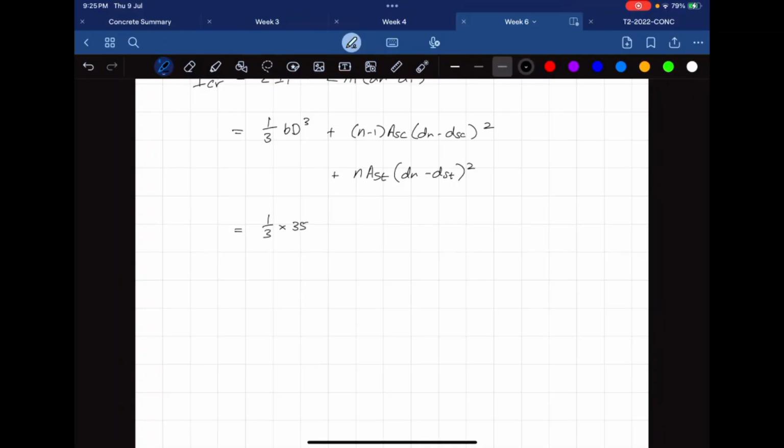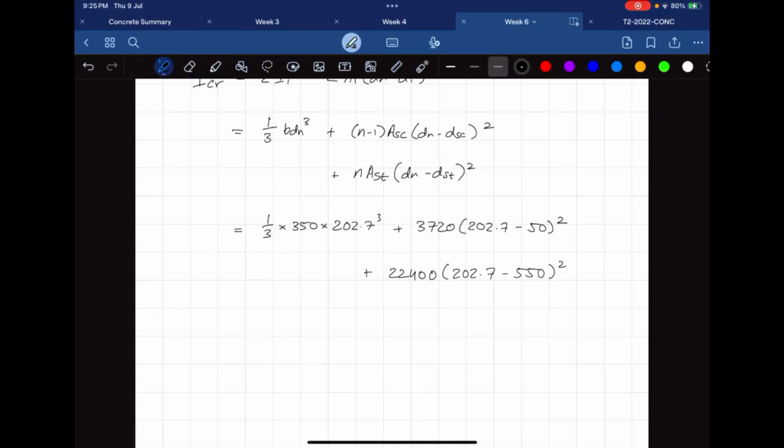Times 350 times dn, sorry, 202.7 cubed plus 3720 times 202.7 minus 50 all squared plus 2240 times 202.7 minus 550 all squared.